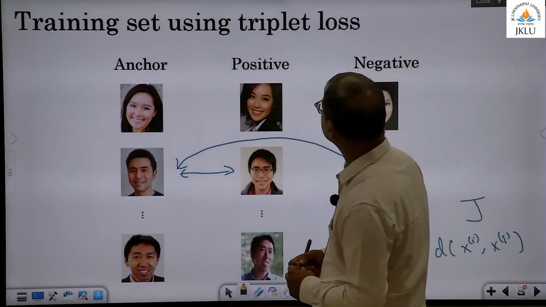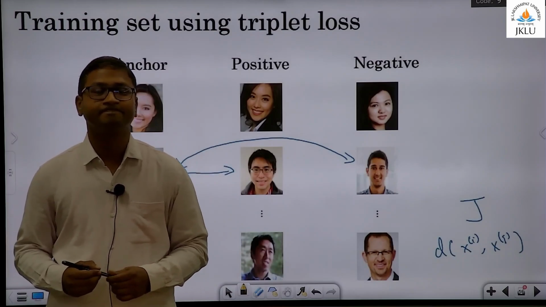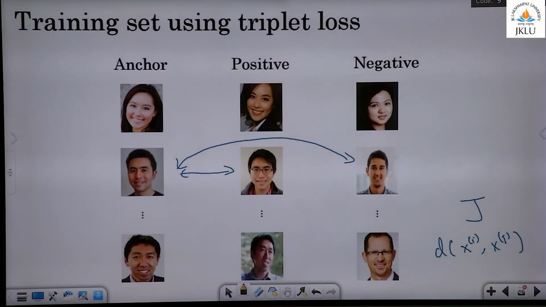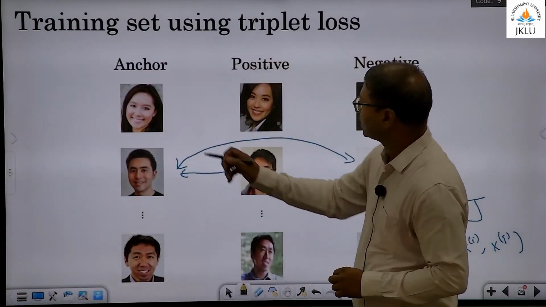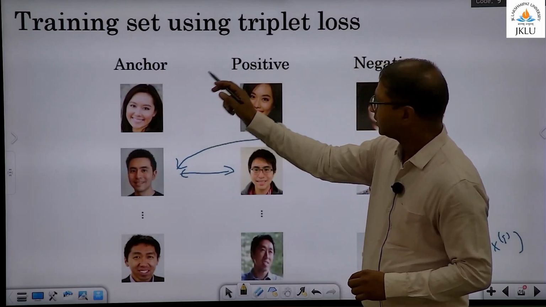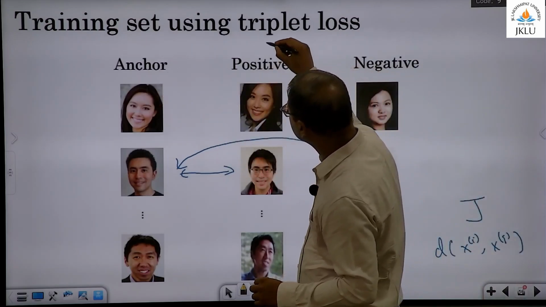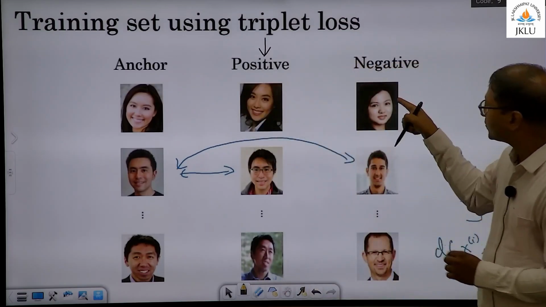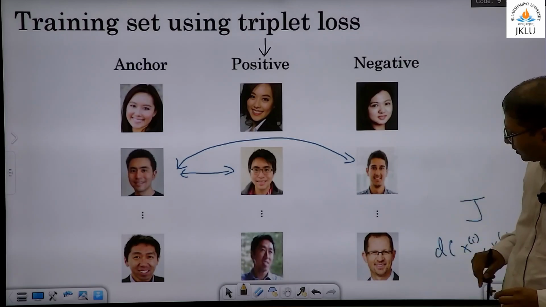Now, training set using triplet loss. So what is happening here now? Can you help me figure out? So anchor, positive, negative. That means this image is the same as that of the anchor, so of the same person, but this particular person is different, and so on. Okay.